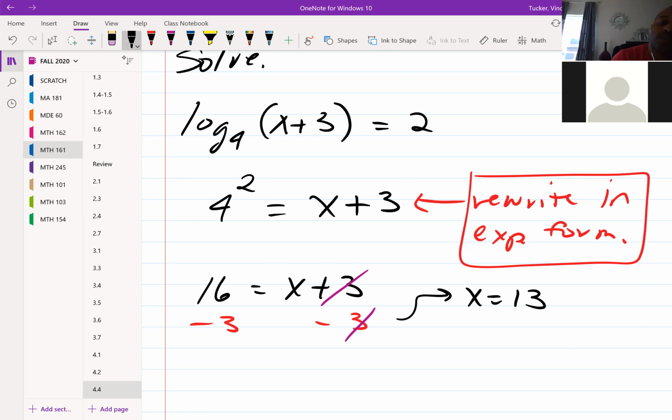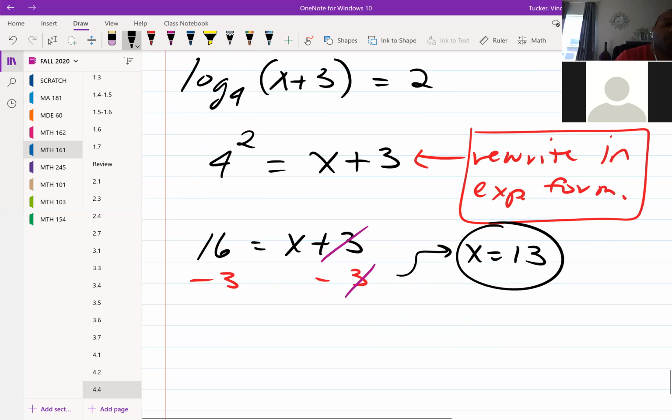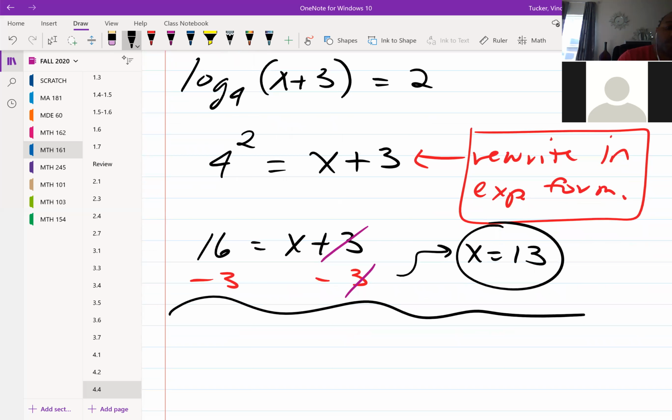X is equal to 13. All right. Questions before we look at the next one?